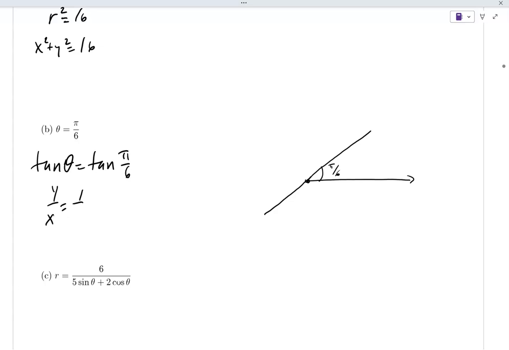One over root 3, good. And then if I want to solve this for y in terms of x, I can multiply both sides by x. And do I see an equation of a line now? Yeah, we have an equation of a line, don't we? That goes through the origin.